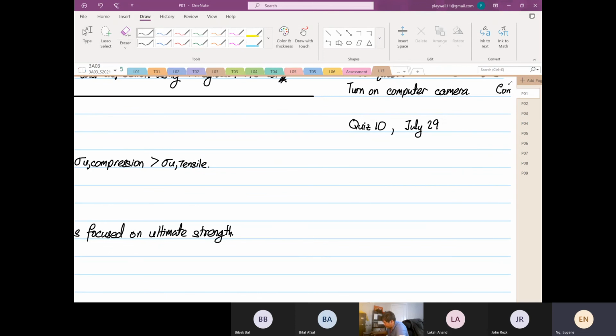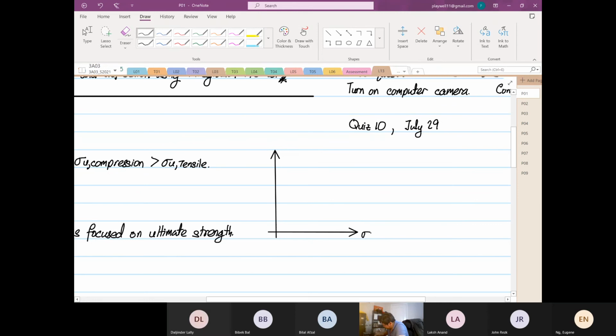I'm going to recap. So if we look at brittle material, right? So this is our stress strain curve. So for brittle material, it will yield and then it will fracture. Okay, so this is your stress yield. Over here, this is your stress ultimate. So the stress yield is approximately equal to stress ultimate. So this is for brittle material.